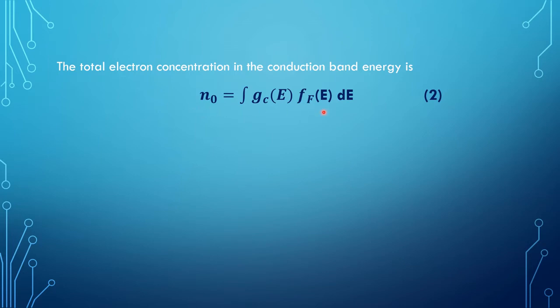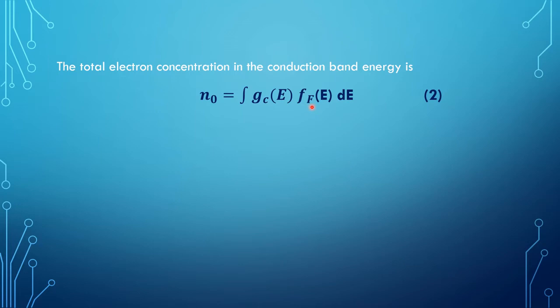So in this way we can represent this equation, that is N0 is the electron concentration in the conduction band, which we get by integrating the density of allowed energy states and the Fermi-Dirac probability function. So this is the next step to getting the electron concentration in the conduction band.